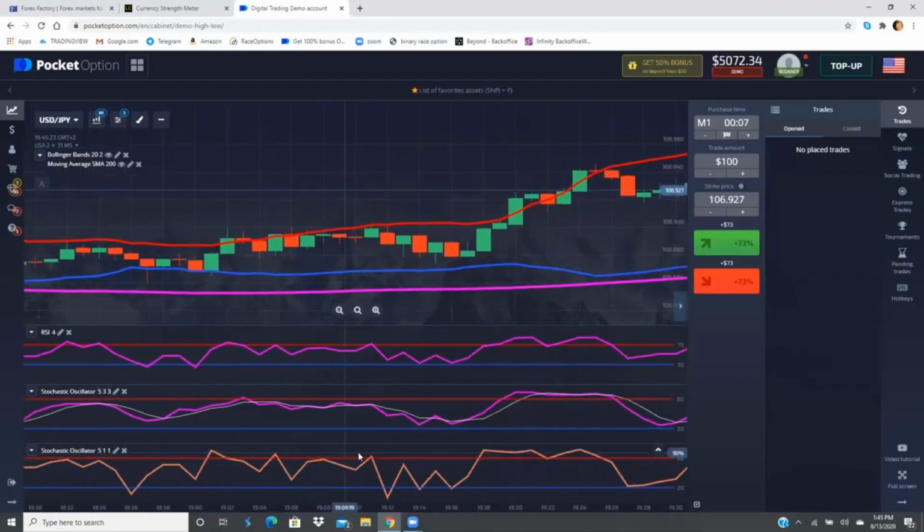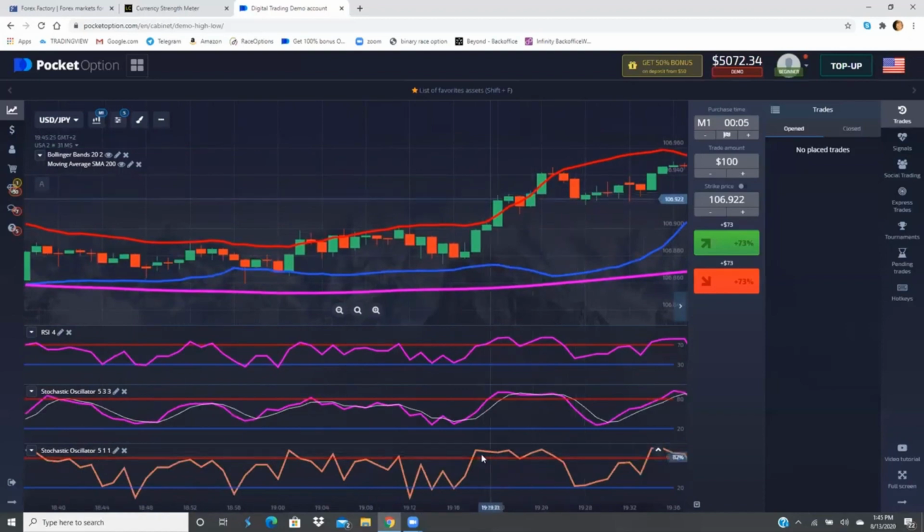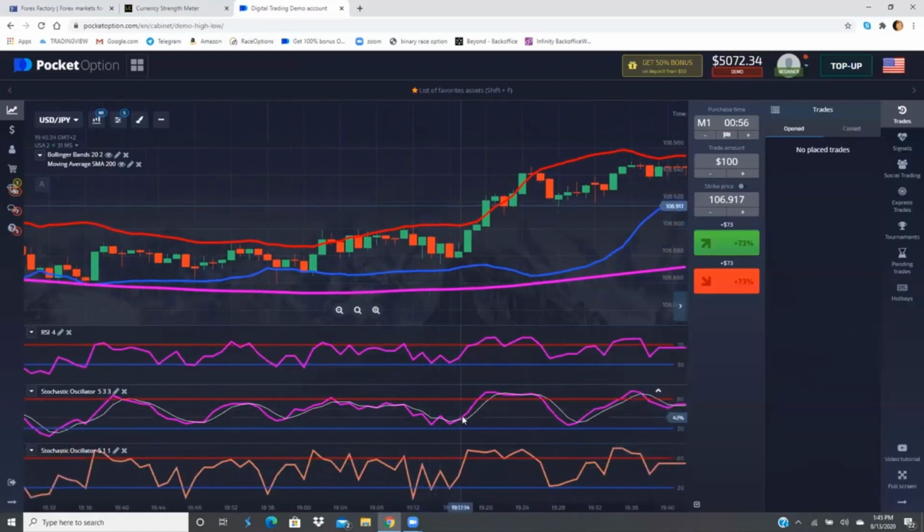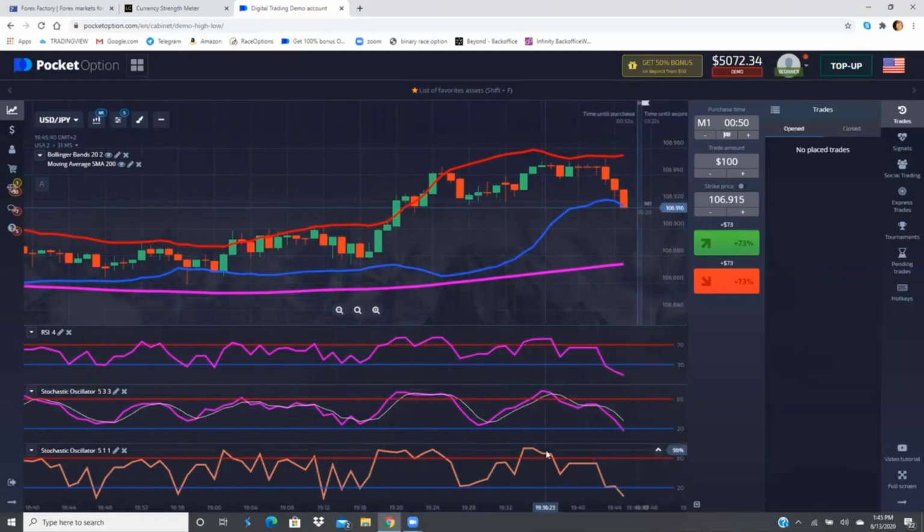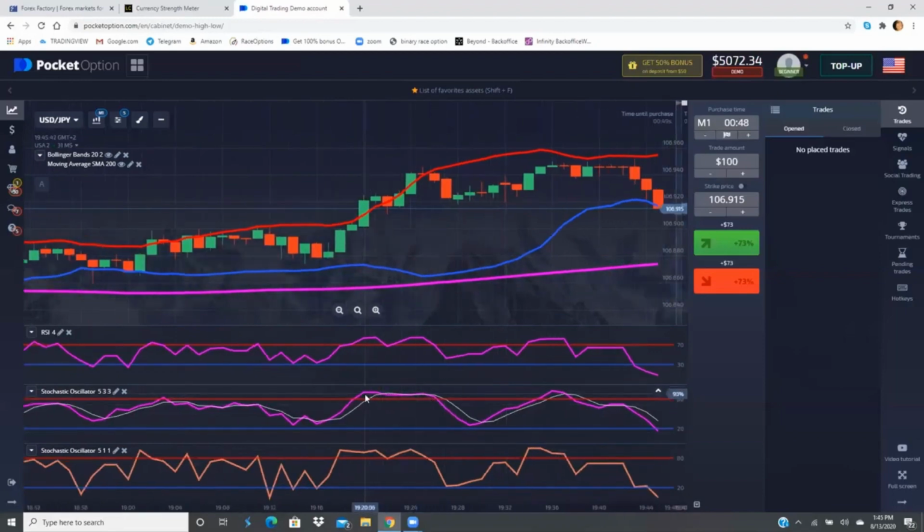This setting makes it a little different, because you see how now it's just one line moving together. On the first example, we had 2 lines and they were crossing. So the difference between these two is that, yes, you want the market to be over or under.